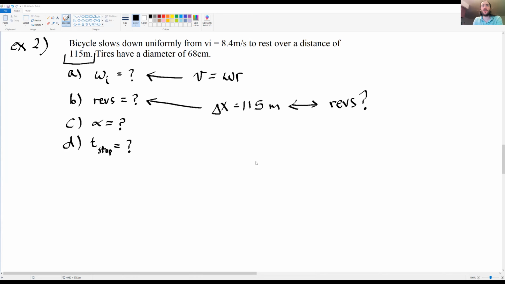What did you do for part A? You used this equation, right? Because it's without slipping. So what's the equation for rolling without slipping for delta x? Right, delta theta times r. Can I get revolutions from delta theta?